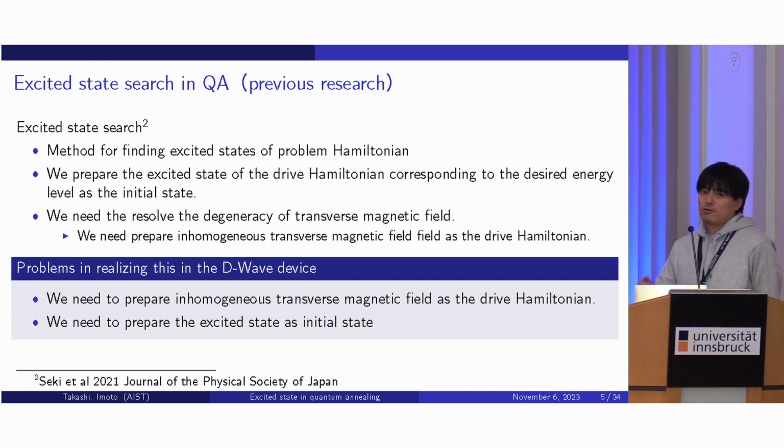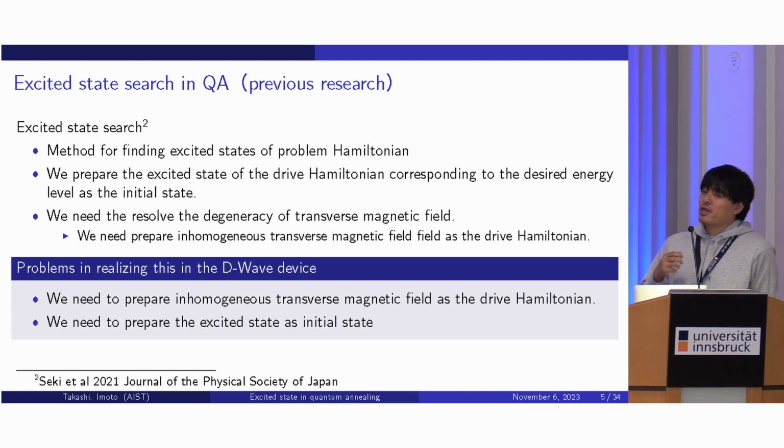We prepare the excited states of the driver Hamiltonian corresponding to the desired energy level as the initial state. Finally, we need to resolve the degeneracy of the transverse magnetic field. Thus we need to prepare the inhomogeneous transverse magnetic field as the driver Hamiltonian.